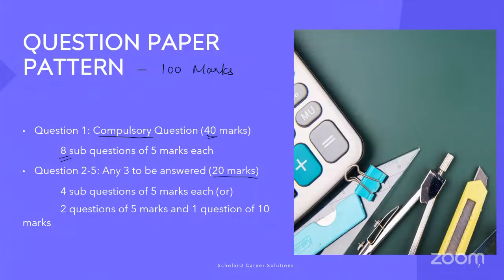Each question is for 20 marks, in which usually there will be 4 questions of 5 marks each, total 20, or sometimes you will have 2 questions of 5 marks and 1 question of 10 marks. This you can see usually in the last question. The last question, the fifth question, will be like this.